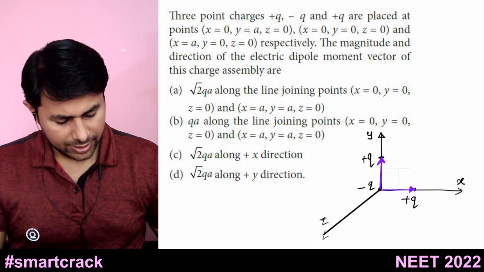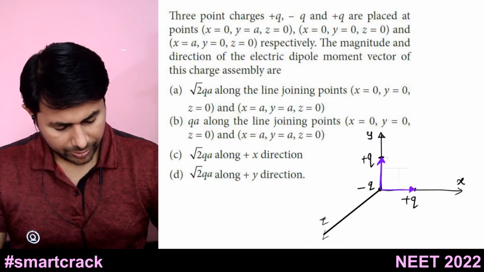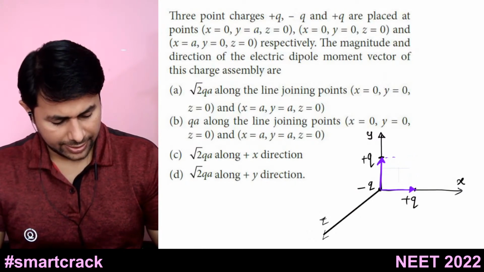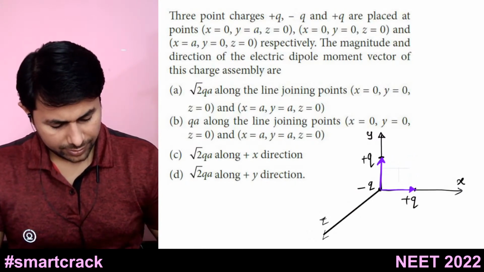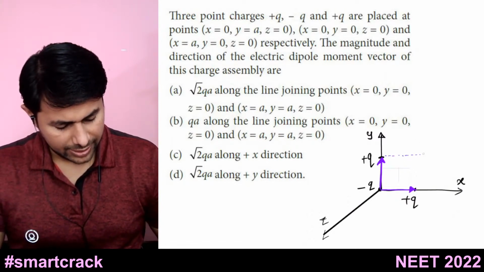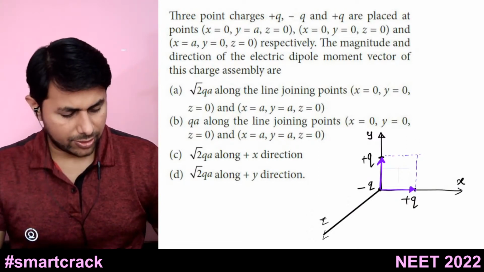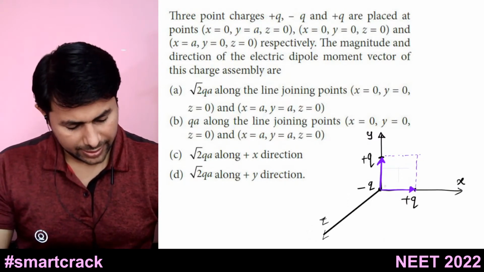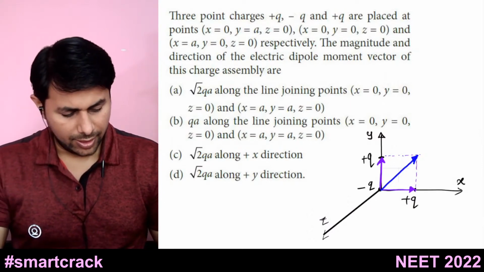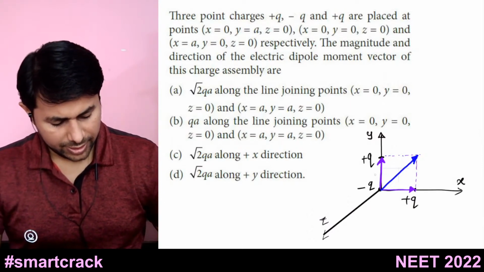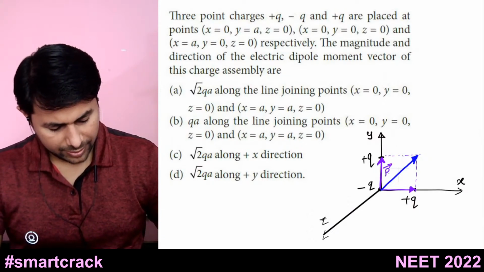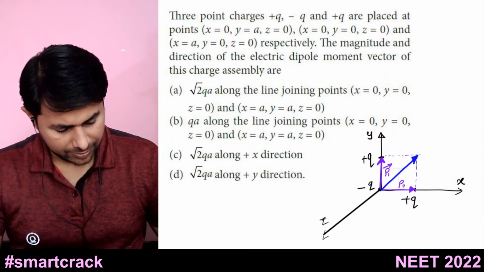Okay, so the resultant of these two will be what? If you take the parallelogram law of vectors addition, you complete this parallelogram, so the resultant will be directed like this. Let's call these P1 bar and P2 bar.